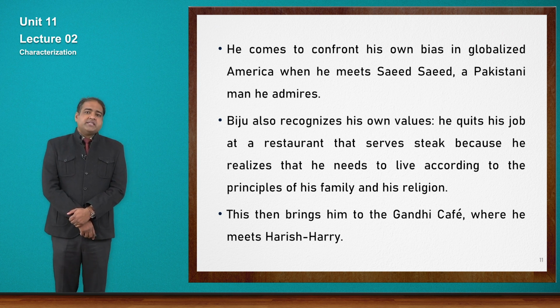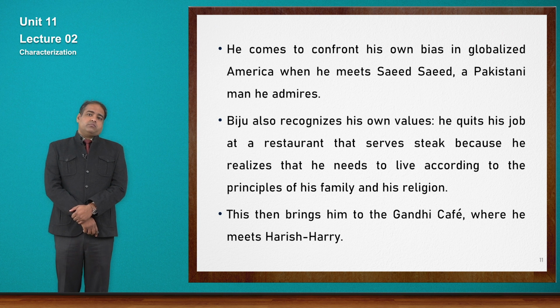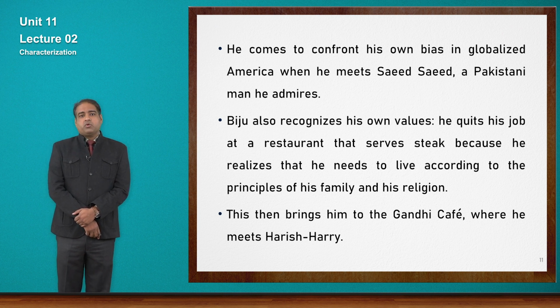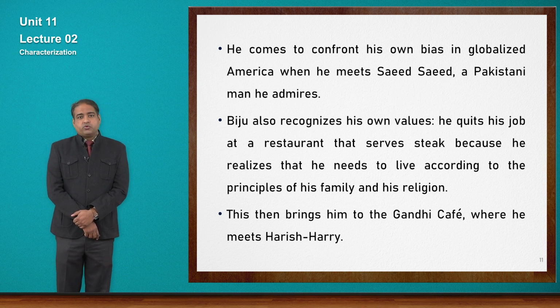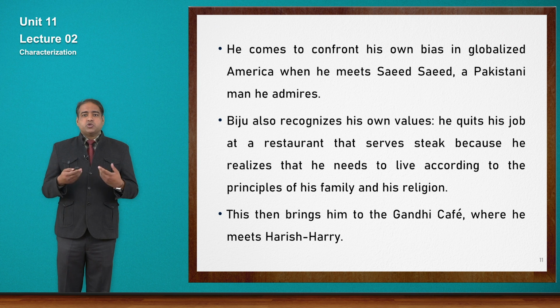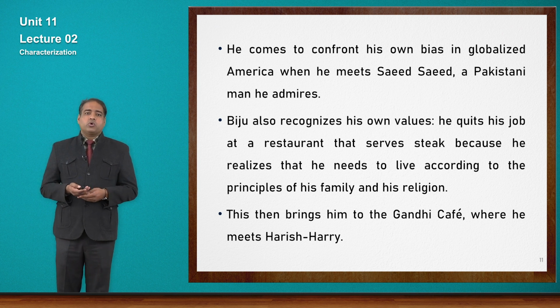Biju also recognizes his own values. He quits his job at a restaurant that serves steak because he realizes that he needs to live according to the principles of his family and his religion. So there is one incident where the job was okay, the owner was okay, but Biju was not able to survive at that place because of the serving of non-vegetarian food.